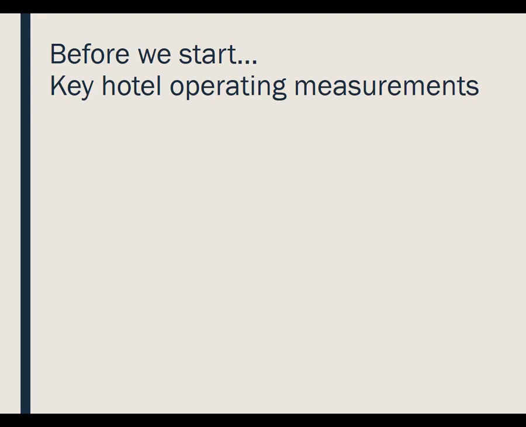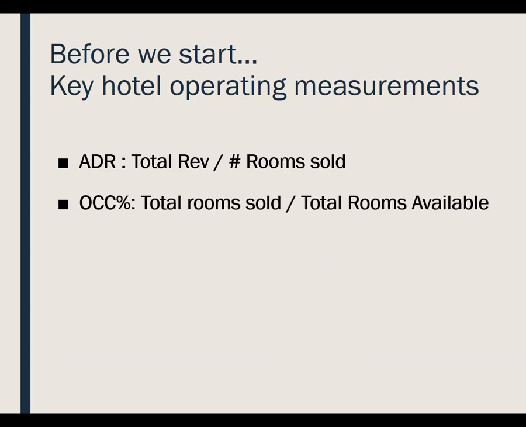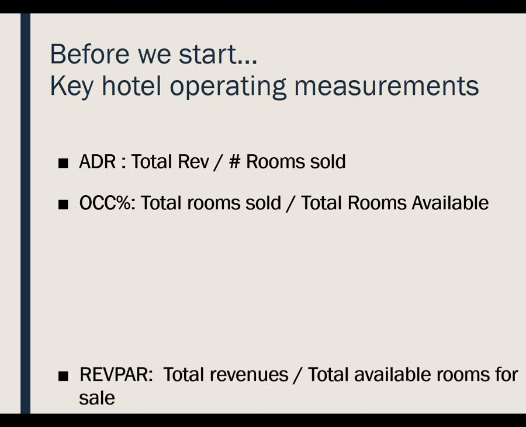Before we start, let's make sure we all feel comfortable with some key hotel operating measures, as I'll be using them quite a bit throughout this presentation. So, ADR, average daily rate, is going to be our total rooms revenue divided by our number of rooms sold. Our occupancy percentage is our total rooms sold divided by total rooms available.